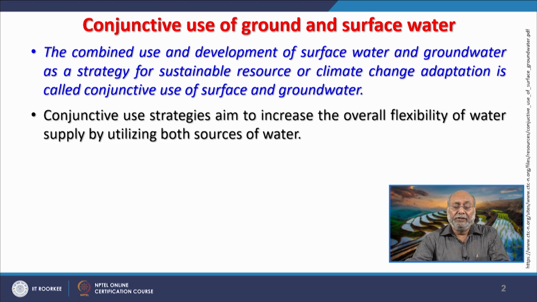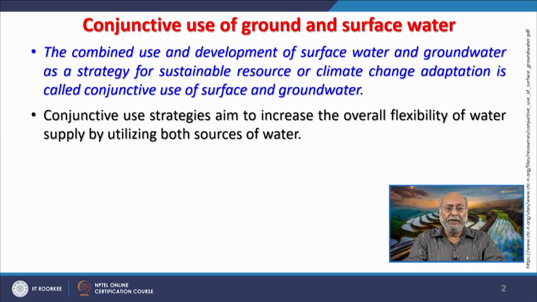Now, the strategy of conjunctive use is basically to increase the overall flexibility of water supply by utilizing both sources of water. In the beginning of this course, we discussed what surface water basically is, which includes water in the streams, rivers, reservoirs, ponds and even small tanks also.